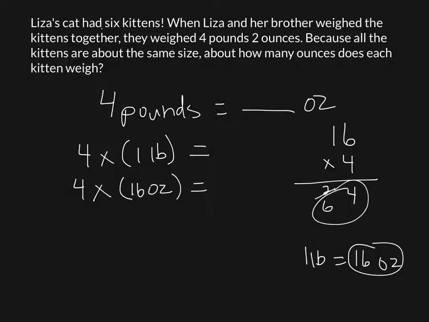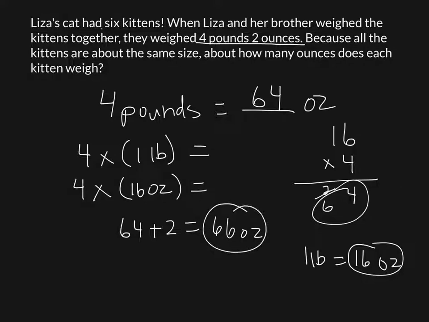So 4 pounds equals 64 ounces. And then I have to remember that I have another 2 ounces to add in, so 64 plus 2 equals 66 ounces. So the answer to step 1, I've just converted 4 pounds 2 ounces to all ounces, and the answer is 66 ounces.